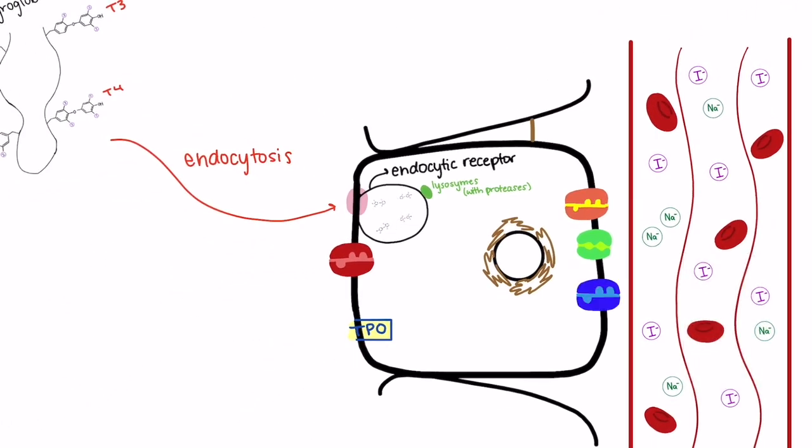The proteases cleave the peptide bonds between the thyroid hormones and the thyroglobulin backbone. Now, the T3 and T4 molecules are free to be transported across the cell to the monocarboxylate transporter, or MCT. This transporter moves the hormones across the basolateral membrane to the plasma, where they can be transported for use throughout the body.